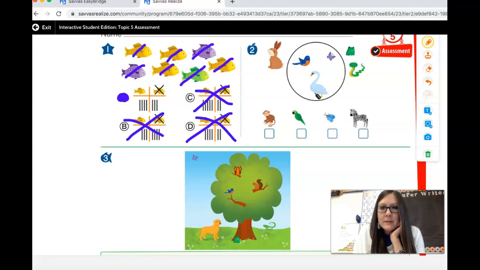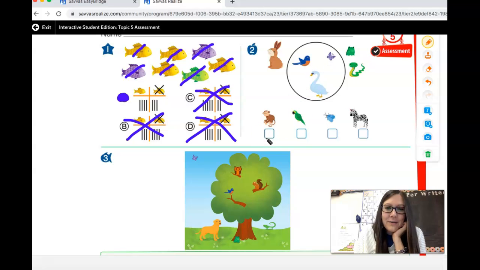All right, what about the animals that are not in the circle? Not wings, not wings, and not wings. I see how they classified these animals. Animals that have wings, animals that do not have wings. So which of these animals down here could fit in the same category as these animals? Monkey? No, he does not have wings.